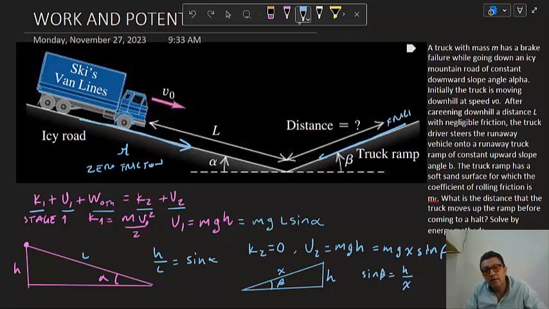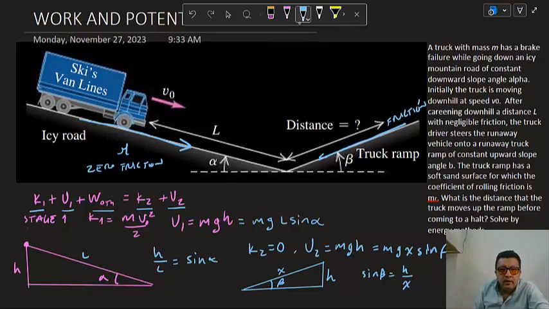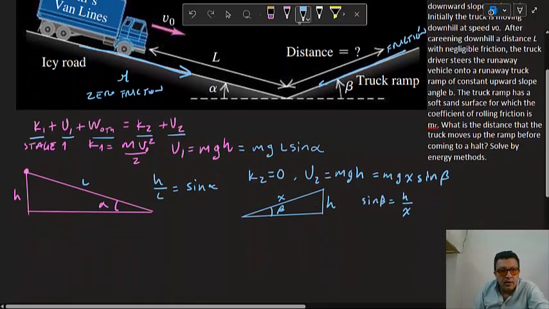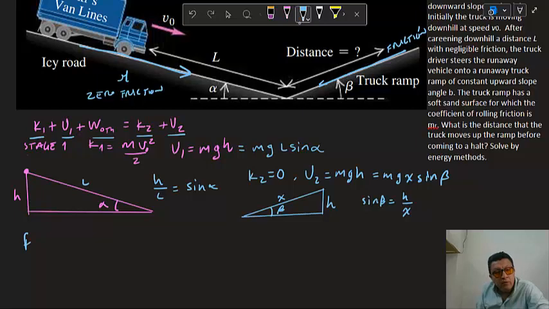Now we need to settle this, and we have to take this into account. Now the friction of the ramp is equal to the ramp friction coefficient mu r times the normal of the ramp.